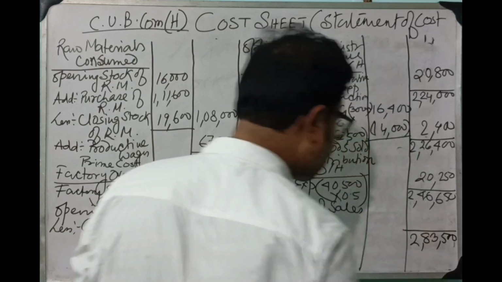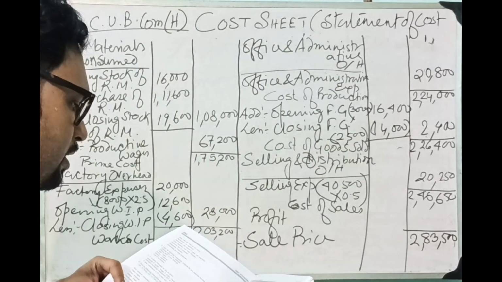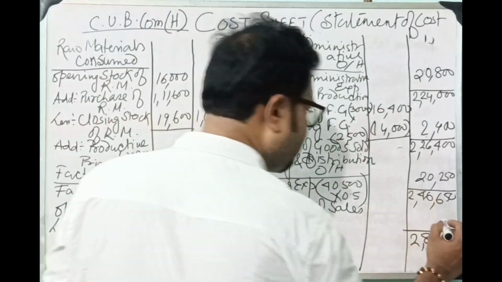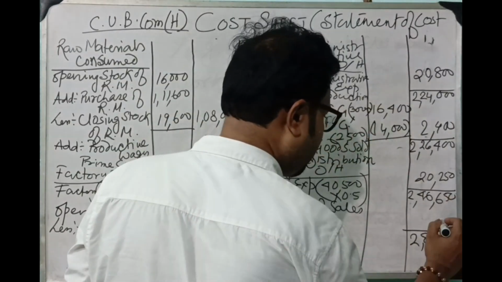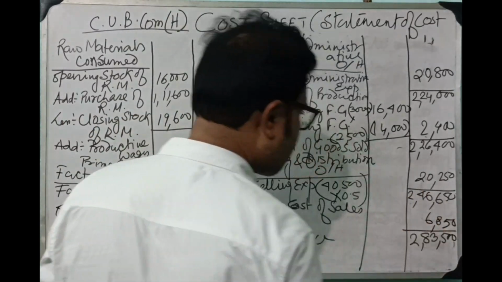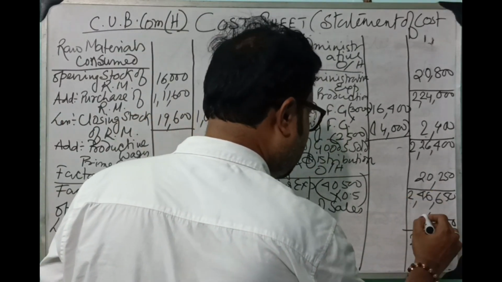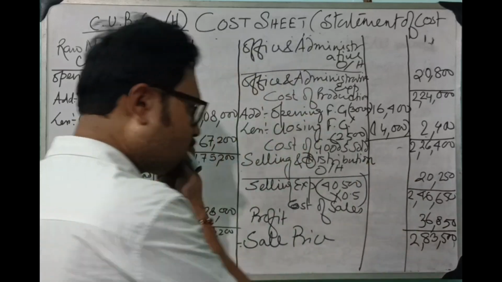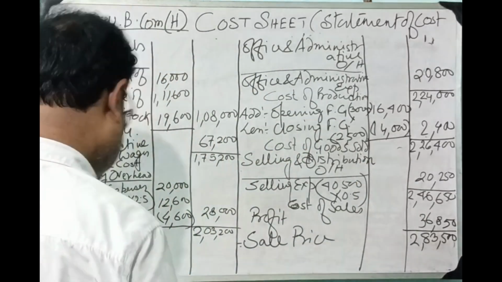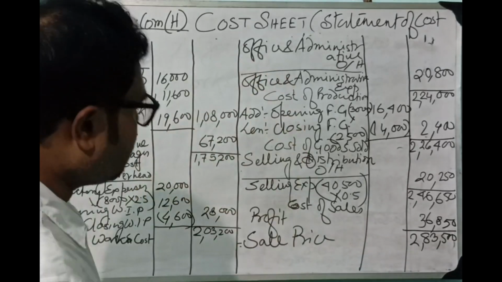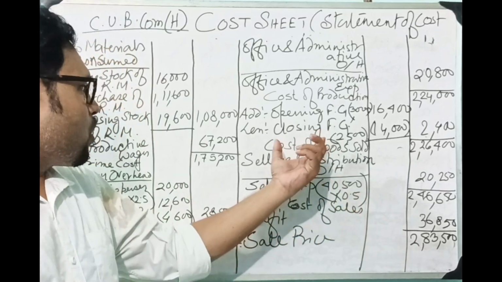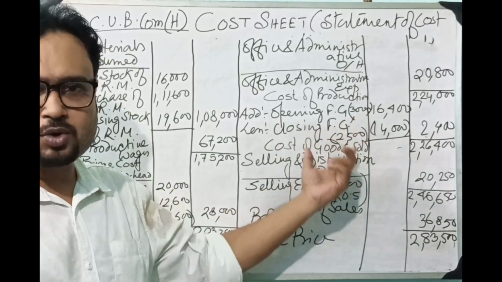Now subtract it, you will get it. 36,850 is our profit. This is the sum we have done. 36,850. You have seen how I have calculated the closing finished goods.